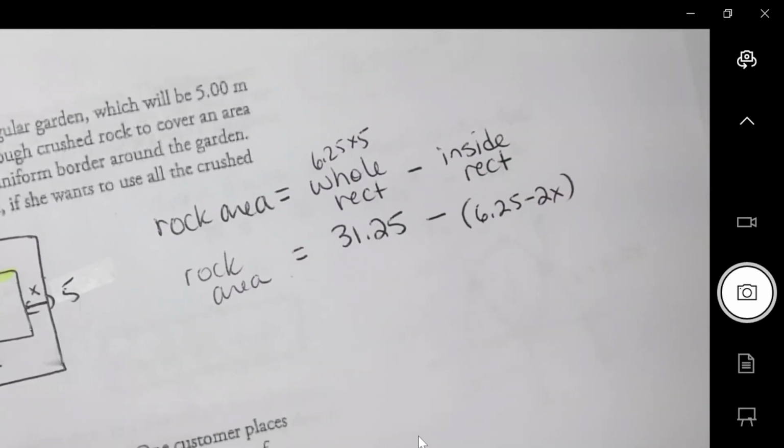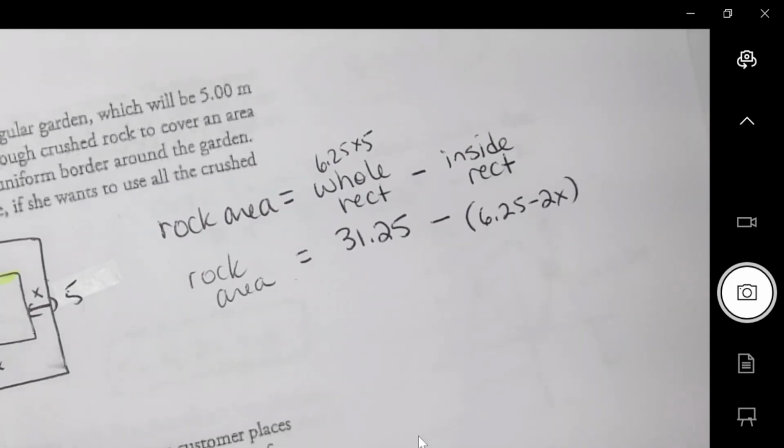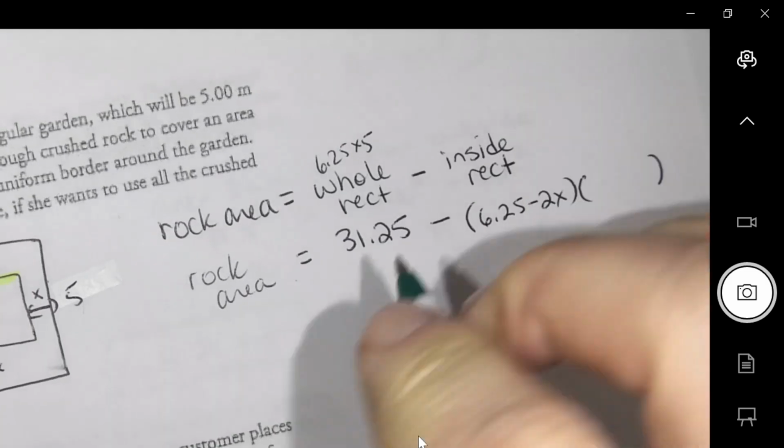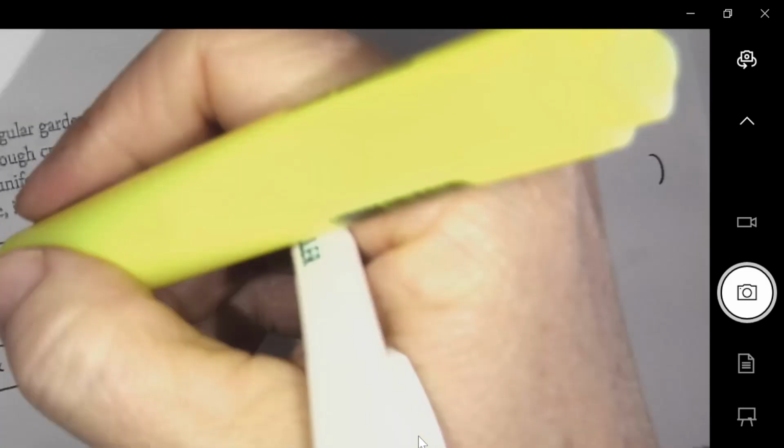So I'm going to do the full length and take off 2x. Do you visually see it? Okay. I feel like I get a lot of mistakes on this question because people take off an x. Just one x. But I need to take off 2 because I'm going to have that on each side. What's the other dimension of this side then?